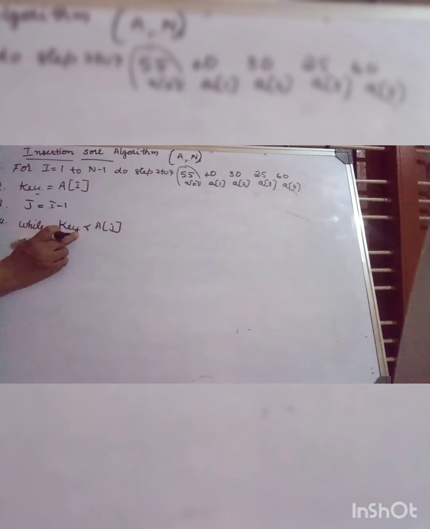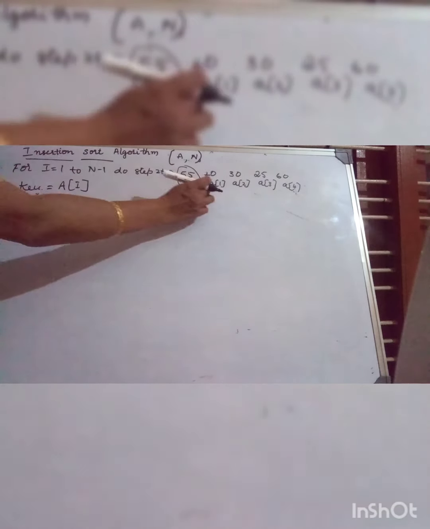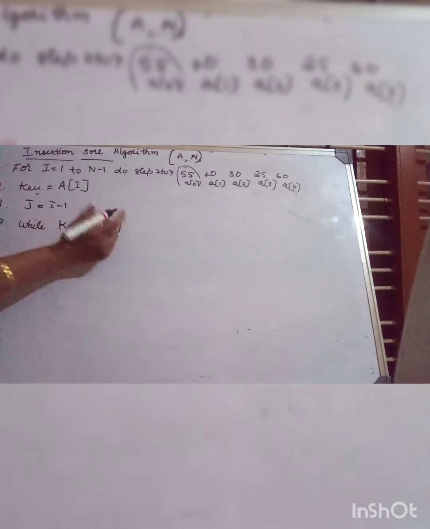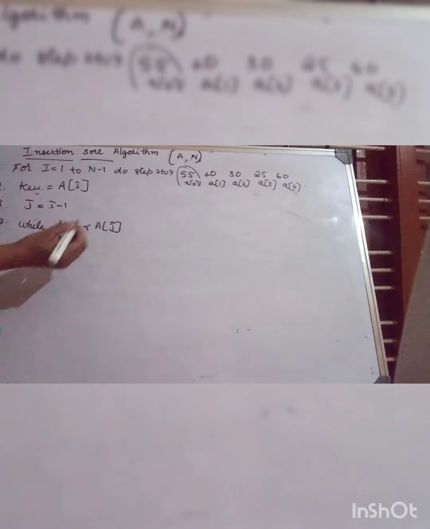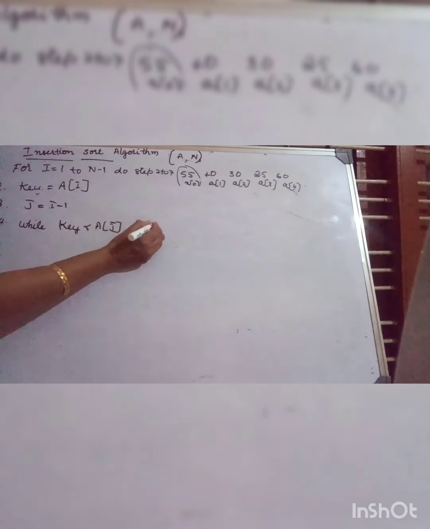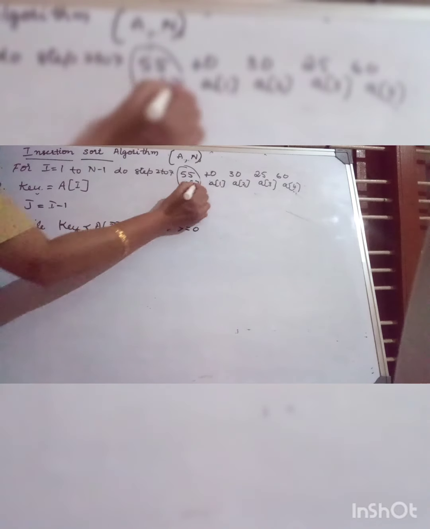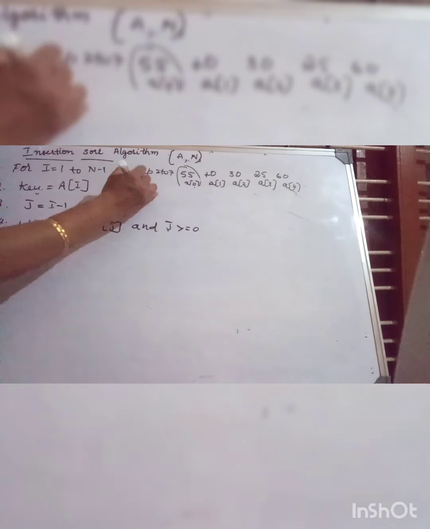While the key element is less than A of j, and j should be greater than or equal to 0. I will not have any element at A of minus 1. I don't have this.